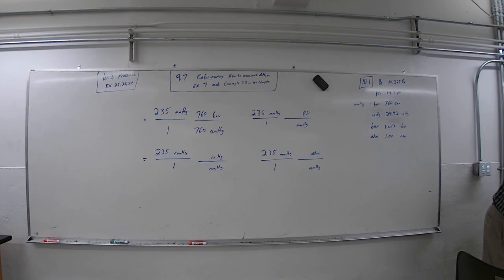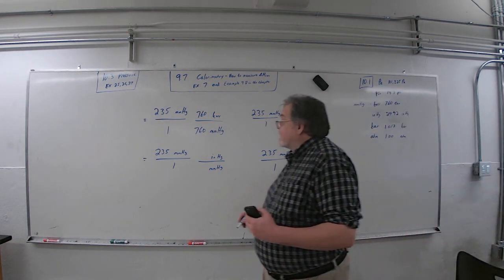Torr is millimeters of mercury. So this one just comes out to 235.